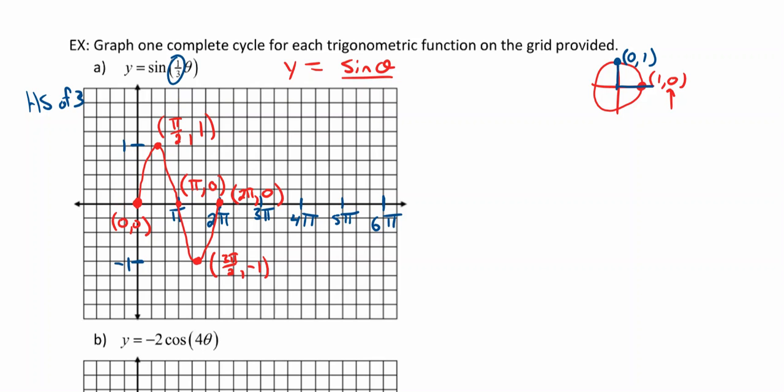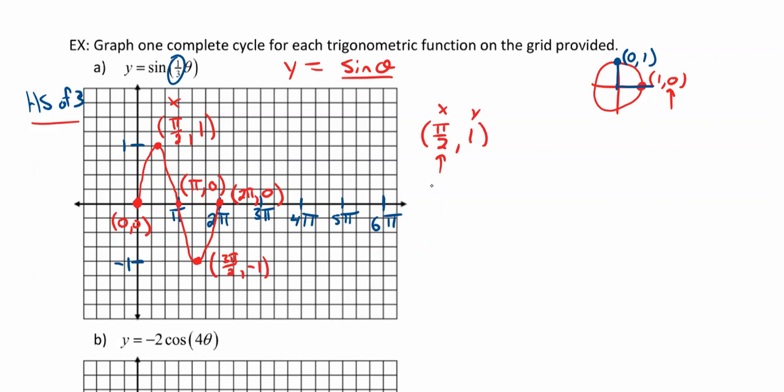When we're making this horizontal stretch of 3, well, what that's doing is that's stretching every one of these x values, right? So every one of these x values is being multiplied by 3. So let's see where the pi over 2 ends up, right? So I'm going to multiply pi over 2 times 3. So this value here, right, of pi over 2, comma 1, that's my x value, that's my y value. Where will this become?